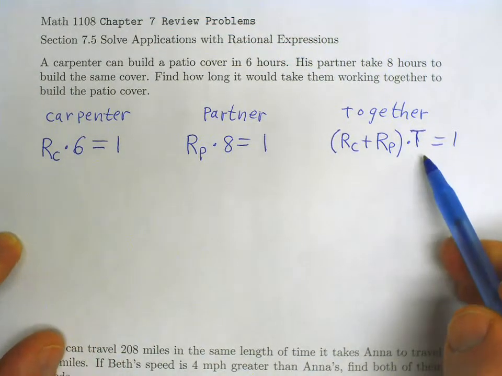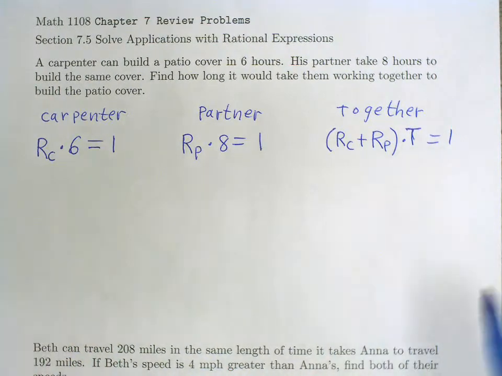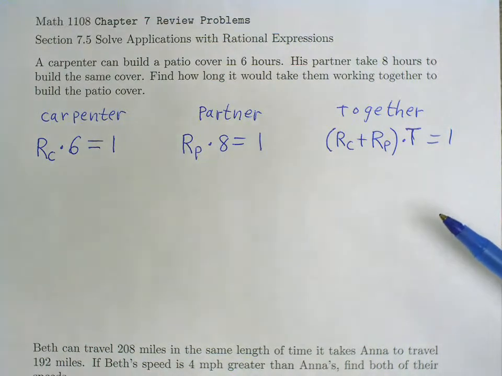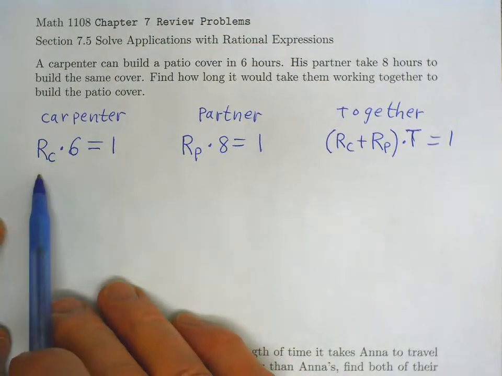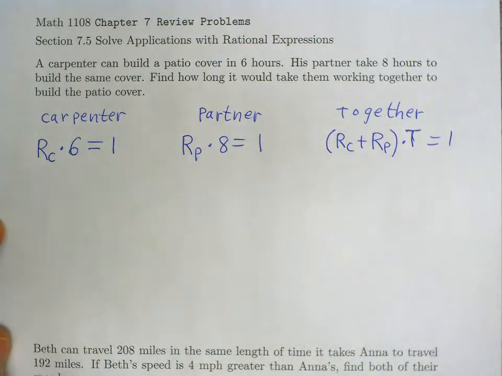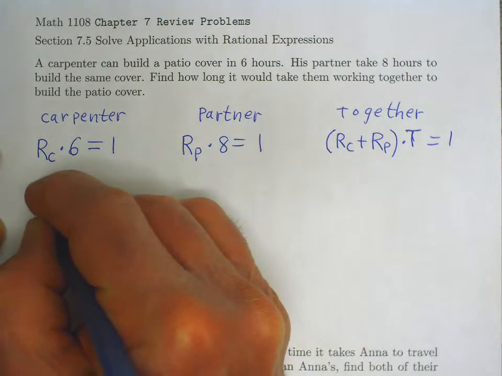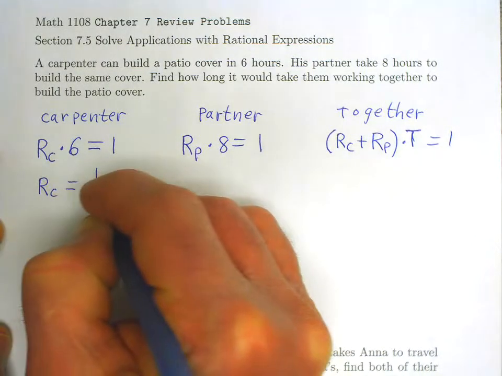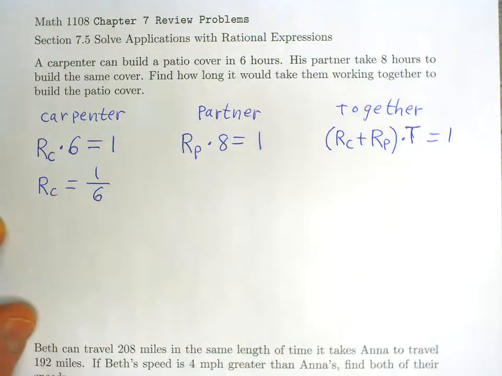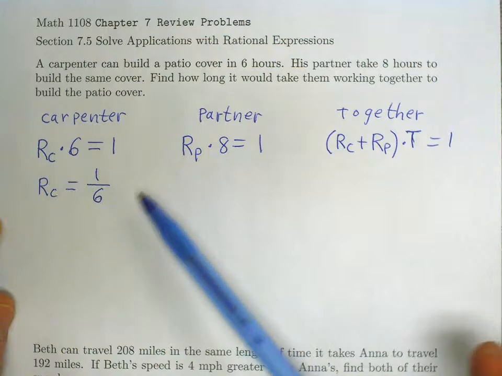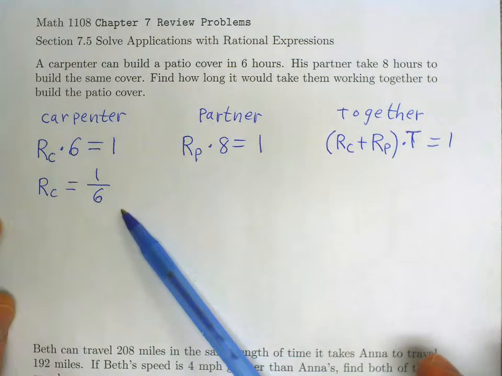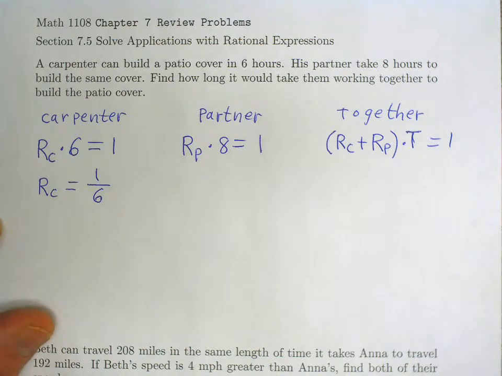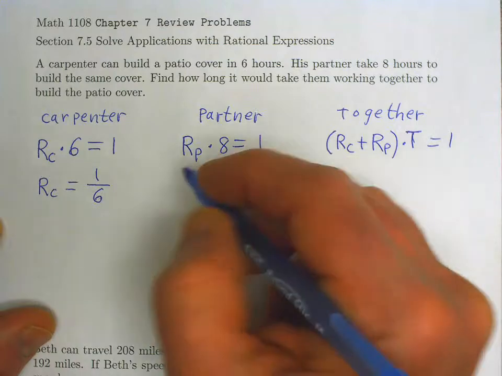T represents the amount of time it takes them working together to build the patio cover. Okay, so we'll solve each of those 3 equations for the rates. The carpenter's rate is 1/6, which means he can build 1/6 of the patio cover per hour. The partner's rate is 1/8.